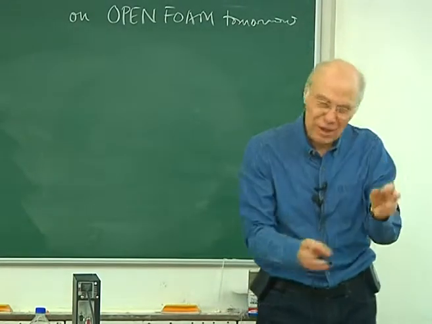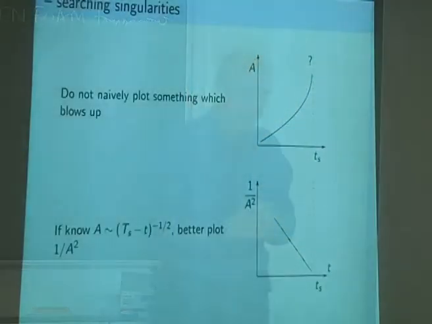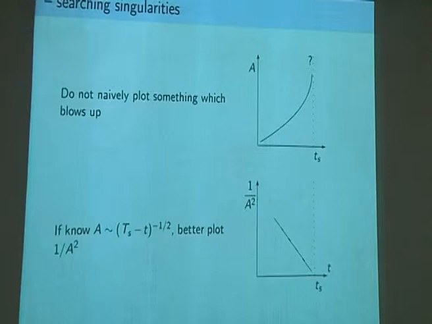And you won't quite ever know what you're doing. It's a good idea if you know what sort of singularity you're dealing with. So if I've got a singularity at some time, you can see the answer getting bigger and bigger. You'll never get to infinity on a finite computer.